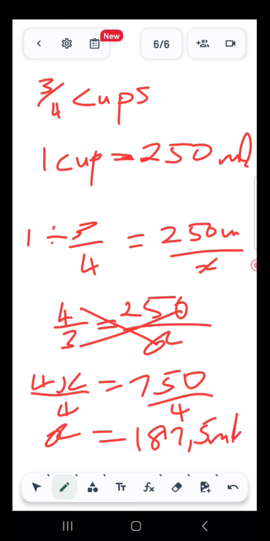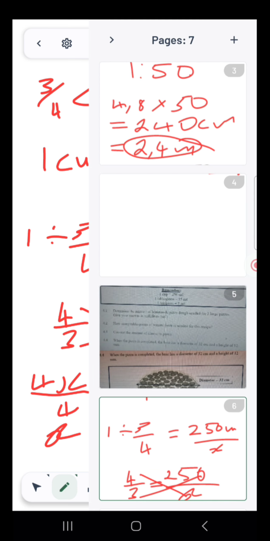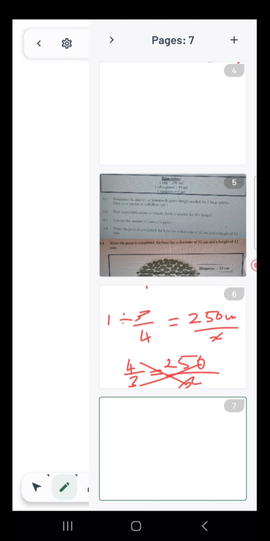So for one pizza it's 187.5 milliliters. Now we want to know for 3 pizzas, so we multiply it by 3.